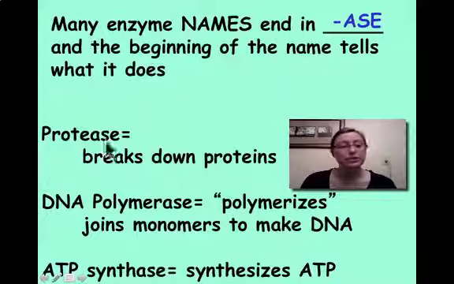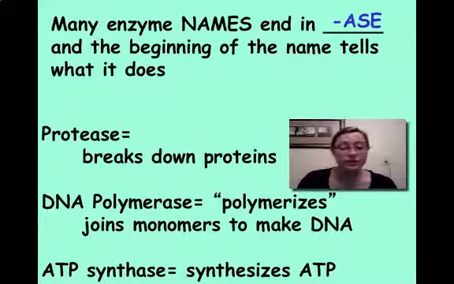So for example, protease, there's the ASE ending. That's an enzyme, and it tells you what it breaks down. What does that remind you of? Protein, right? So you have lots of different types of proteases in your body that are very specific to one type of substrate. They can be reused, unchanged, and if you start playing around with pH or temperature too much, they can be denatured.